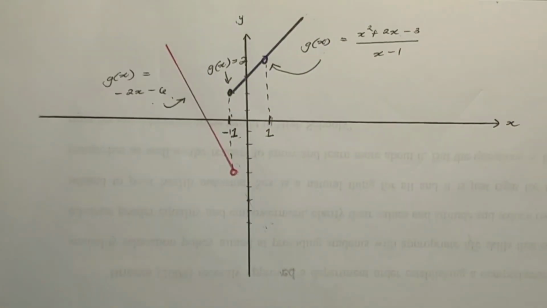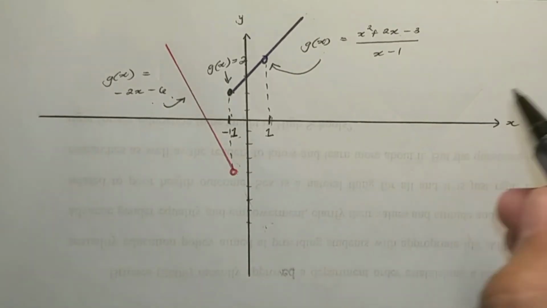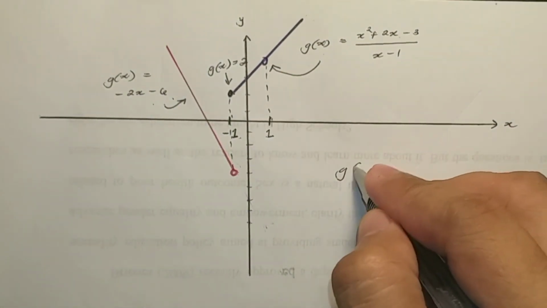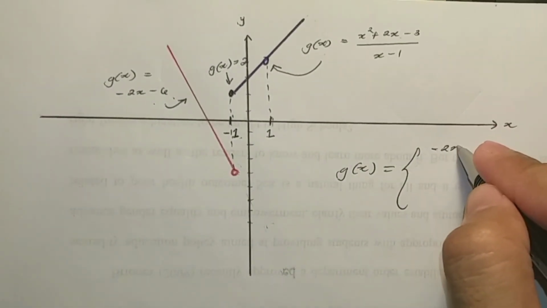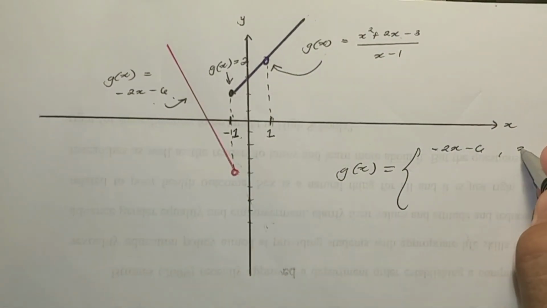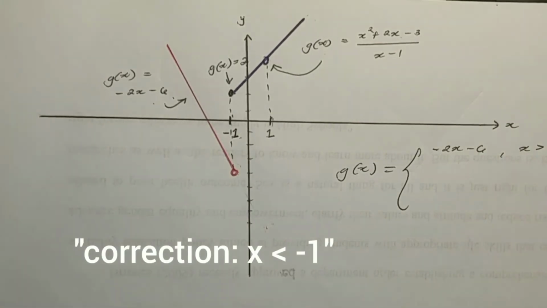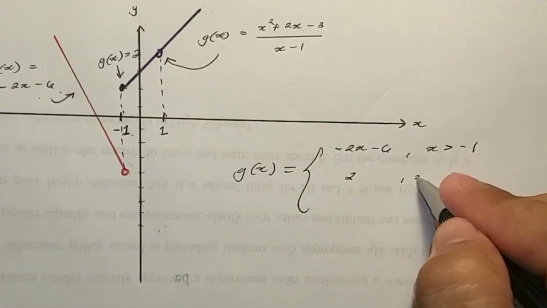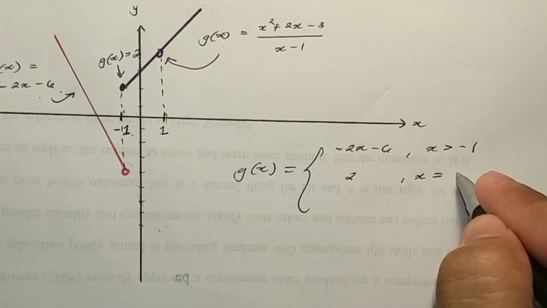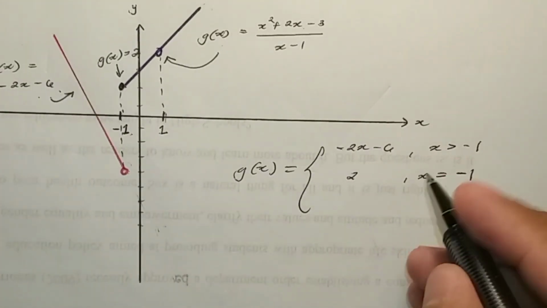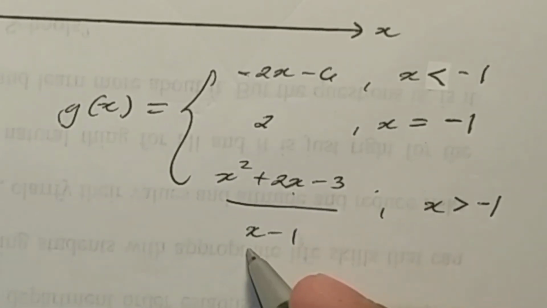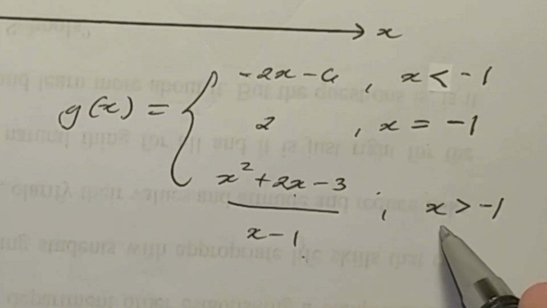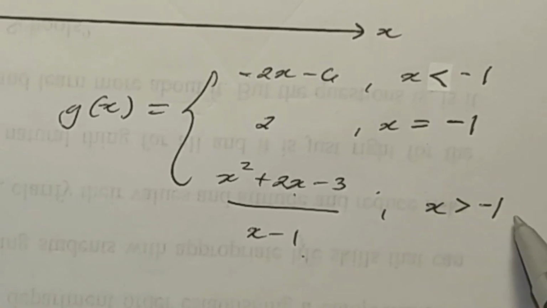Based on the piecewise defined function, you are given g of x equal to minus 2x minus 6 for x less than minus 1, 2 for x equal to minus 1, and x squared plus 2x minus 3 all over x minus 1 for x greater than minus 1.